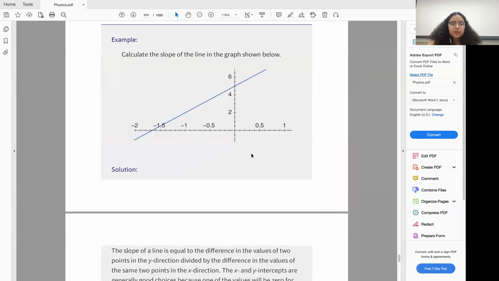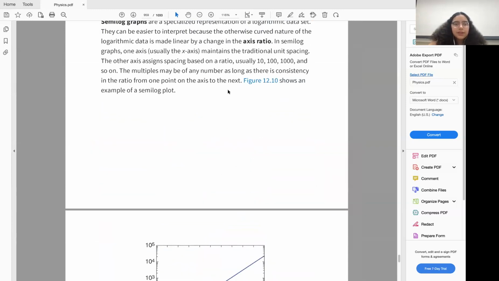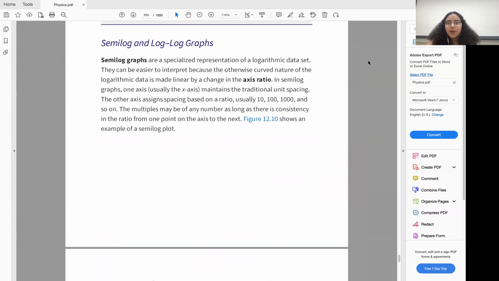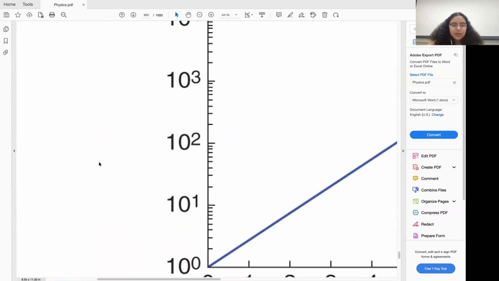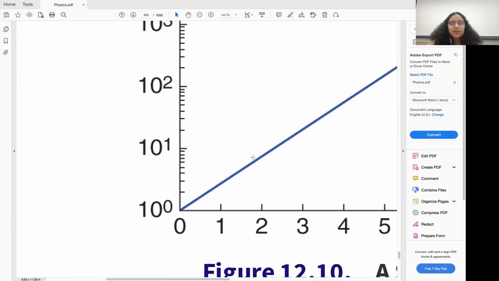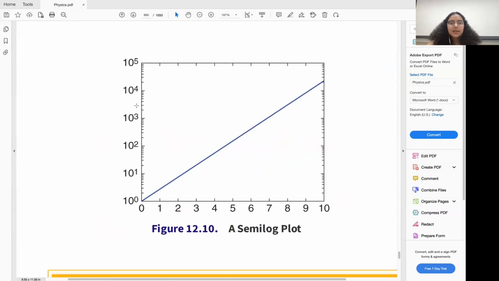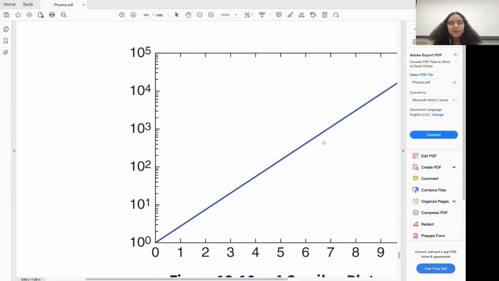Slope equation. Okay, so semi-log, another thing is when you're graphing log data, sometimes they want it to look linear to show the log ratio, and so the axes can be put into logs. As you can see here, the ticks are not uniform, but that's to make something logarithmic look linear. So you might come across something like this. It's important to take your time when counting these ticks, because something will look halfway in between, but it's not.